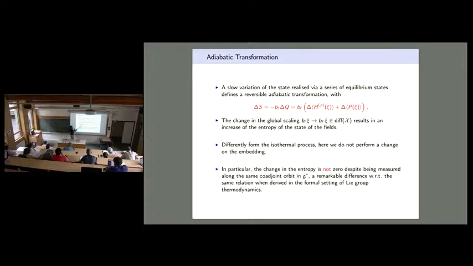Even if you move along coadjoint orbits, this difference is not 0, because there is some extra information here. You move along coadjoint orbits, the entropy doesn't vary in a certain respect, but it varies because of the presence of this global parameter. So this is different from what you get. You would get 0 in the Lie group thermodynamics. And yeah, this is everything.